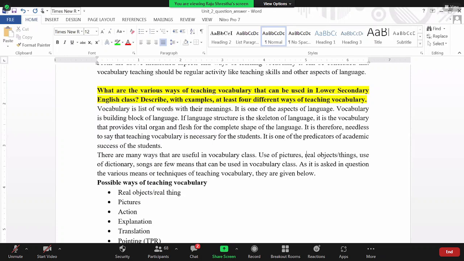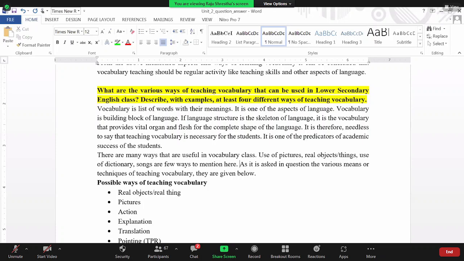Use of pictures, real objects or real things, use of a dictionary, songs are few ways to mention here.